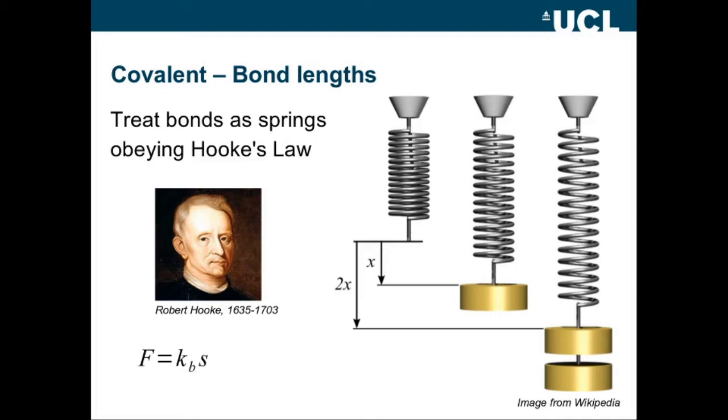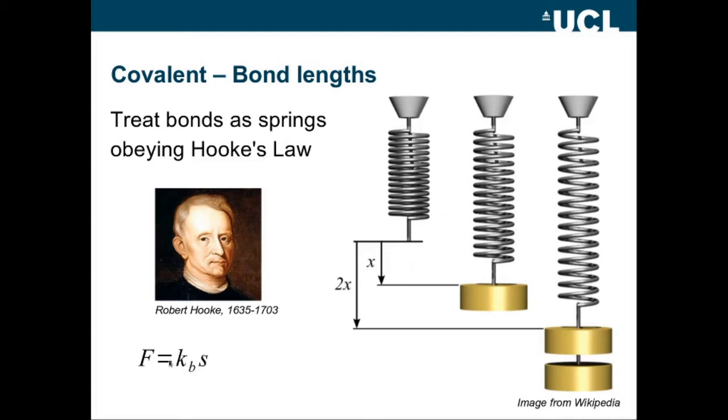And Hooke's law is summarised by the very simple equation of F equals K_B S, where K_B is some constant that defines the amount of force needed in order to stretch or compress the spring. S is that amount of stretch, which, just to be confusing, I've called X in this diagram.